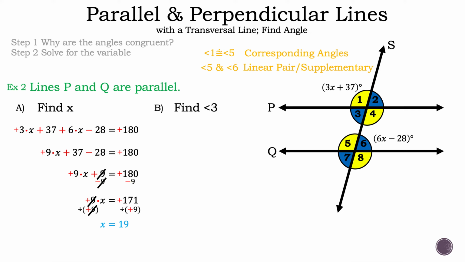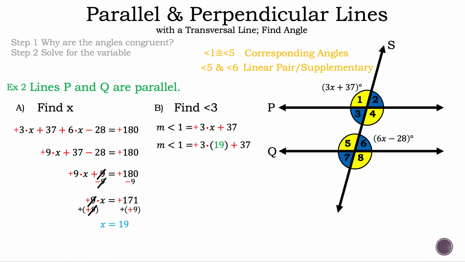Now let's move on to part B, which is find angle 3. Before we do that, we need to substitute 19 into either angle 1 or angle 6, whatever you fancy. Let's go ahead and pick angle 1, which is 3x plus 37. And now we're going to substitute 19 into the variable x, and now we have the measure of angle 1 is equal to positive 3 times 19 plus 37.